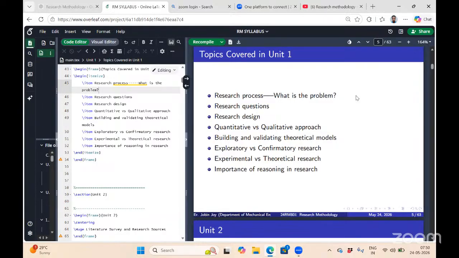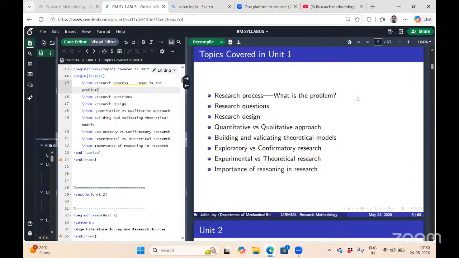Exploratory versus confirmatory research. Exploratory research, from the name itself, is to explore new ideas or new problems when limited information is available. So the information available is very limited, and we have to explore new ideas and new problems.